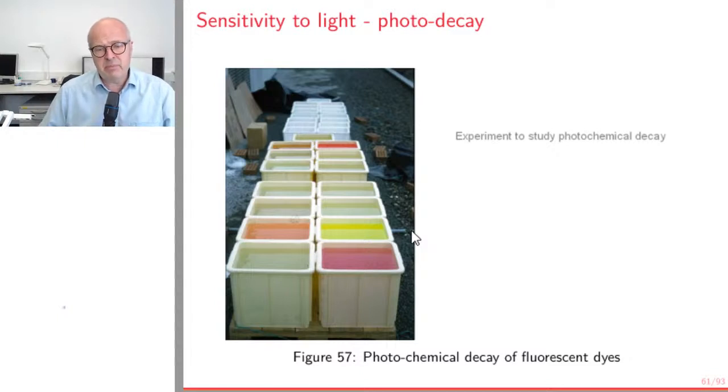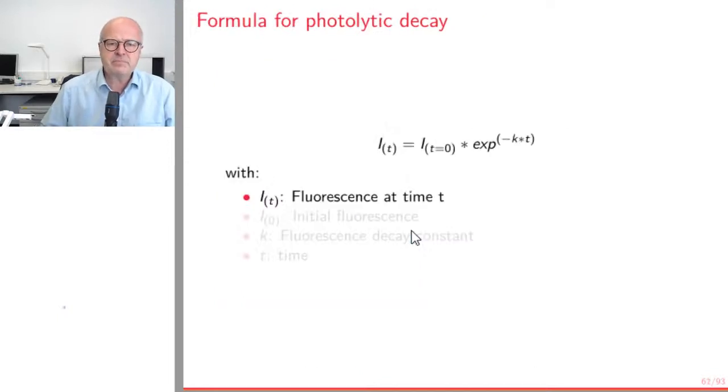So prepare buckets with different tracers, different concentrations during the experiment, and measure the fluorescence before and after the experiment. So you have a real time, live, realistic measurement of the photolytic decay. Of course, you can also do experiments, but these experiments have been done. The photolytic decay is also given by an exponential formula: intensity at time 0 times e to the power of minus k times t.